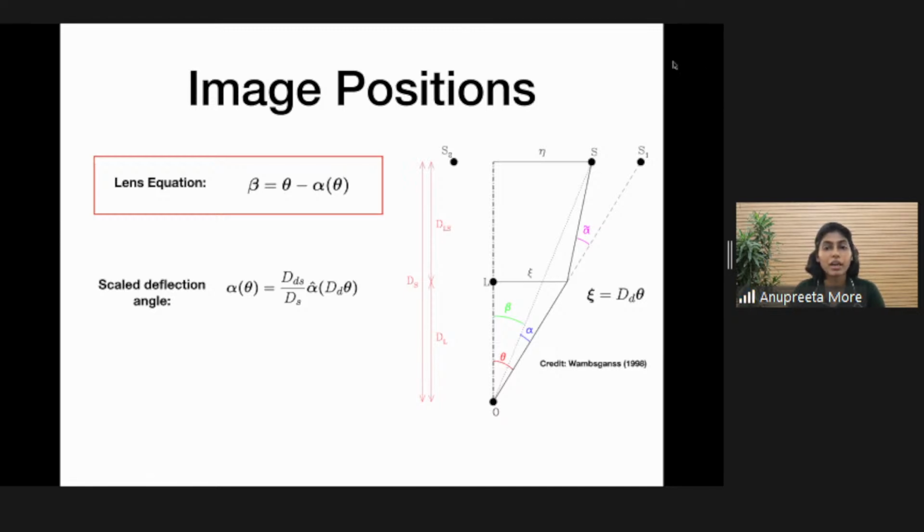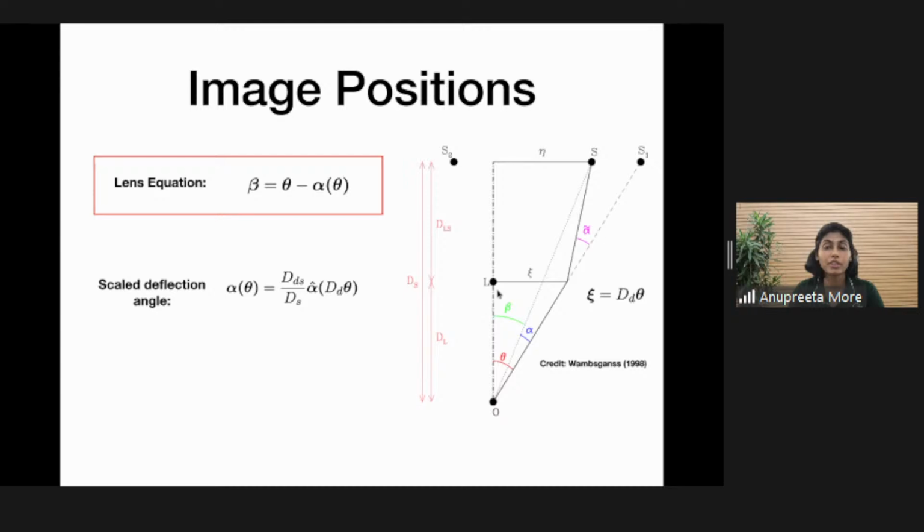So what happens is that we have an observer and a lens in the sky plane, and there is a distant source S in the background. In the absence of a lens, you can imagine that the impact parameter between the lens and the source is given by this angle beta. This is the true source position, which cannot be seen.